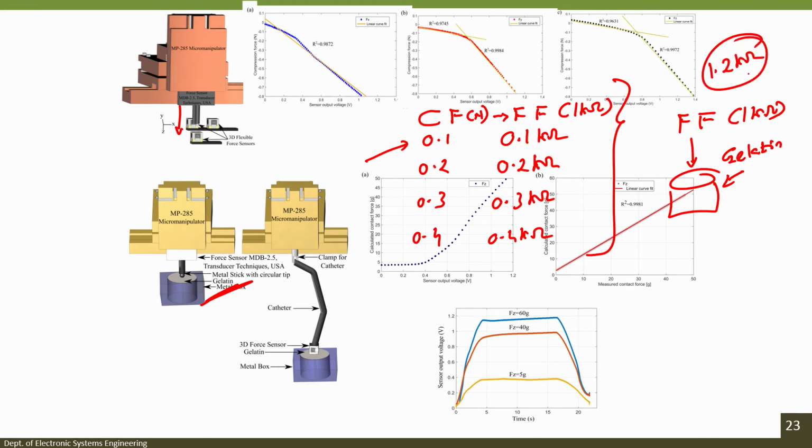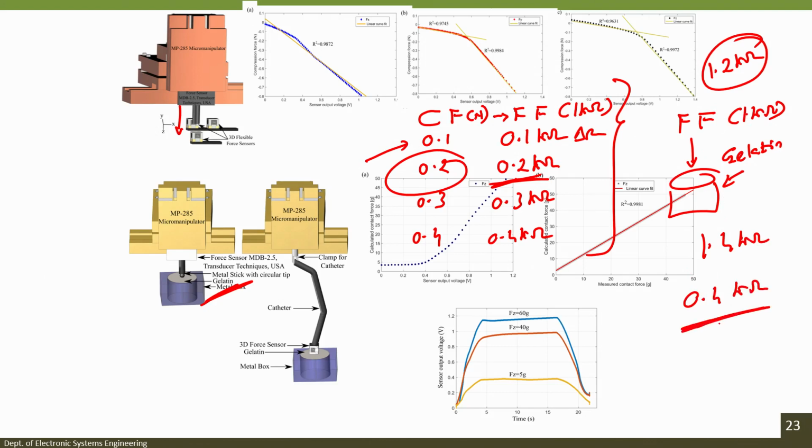From this value, I can understand that 1.2 kilo ohm is 1 plus 0.2, where 0.2 is delta R. This is the overall resistance. So, this 1.2 corresponds to 0.2 kilo ohm, and that is why it is 0.2 Newton. If it is changing from 1 kilo ohm to 1.4 kilo ohm when I apply a force on the gelatin, then the change will be 0.4 kilo ohm.